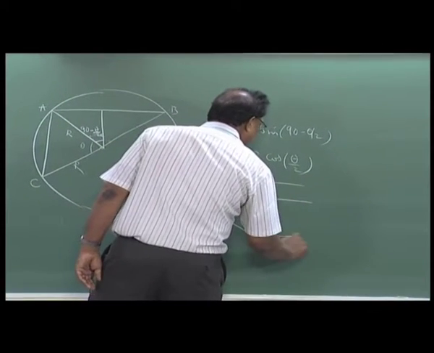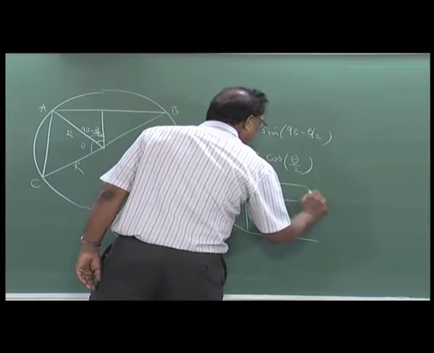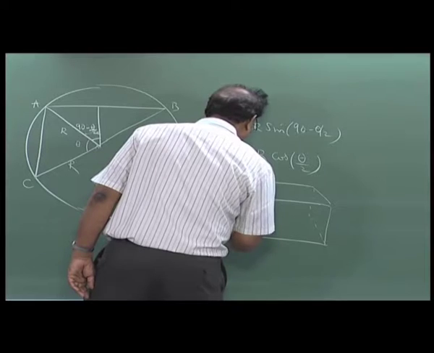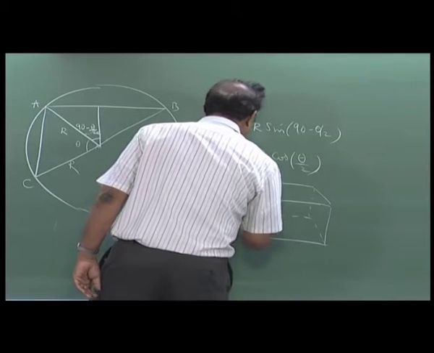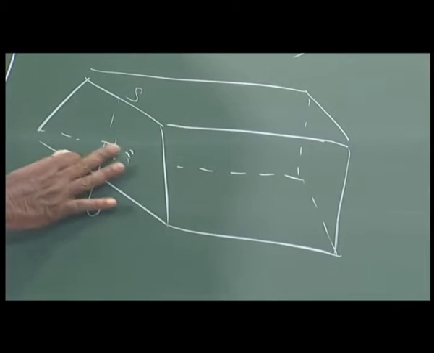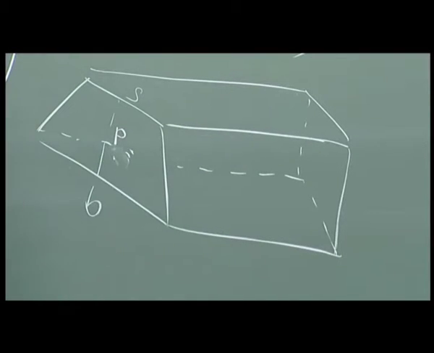The area of cross section is B plus S by 2 into P; he calls the height P here.